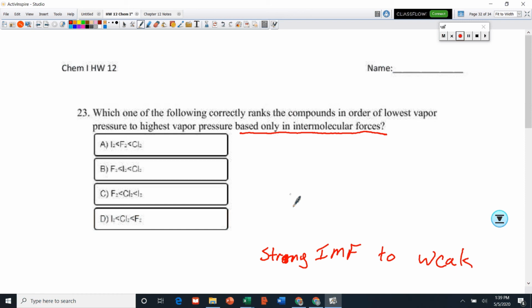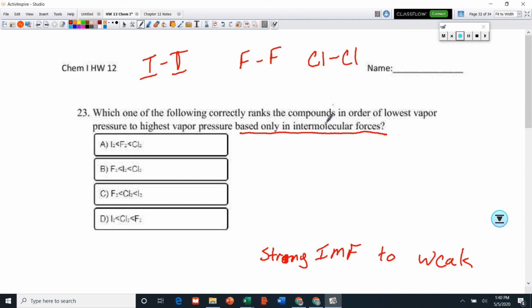All of these are nonpolar molecules because I2 is iodine bonded to iodine, chlorine bonded to fluorine, and chlorine bonded to chlorine.